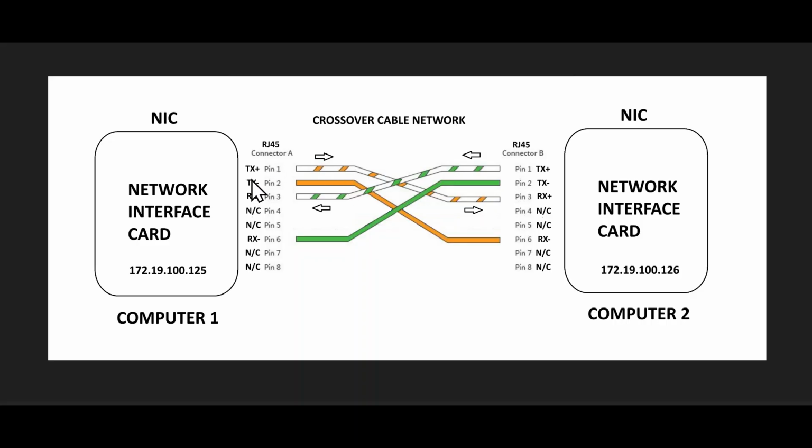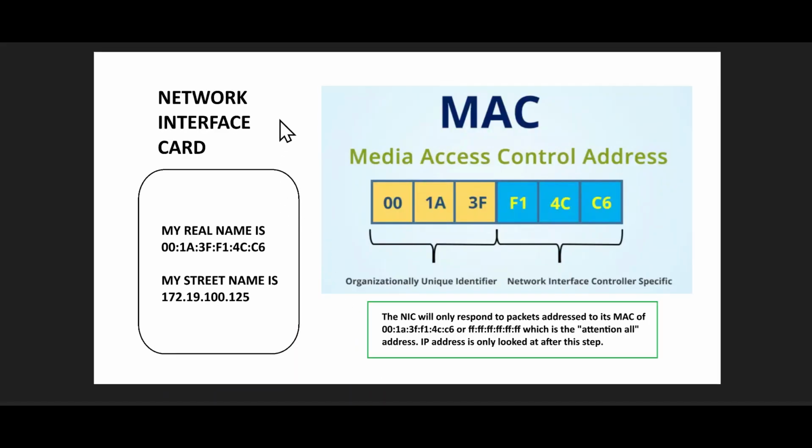But anyway, these two devices, when they're sending the data back and forth, how they identify each other is very specific. Let me pull that up. Each network interface card has a very unique number.